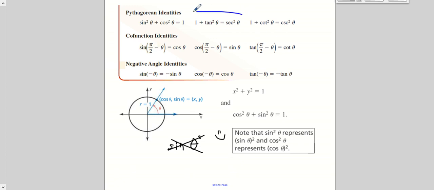Find the one with tangent squared and secant squared. Okay, we want secant squared minus 1. So if we subtract 1 from both sides, we get tangent squared of theta equals secant squared minus 1.